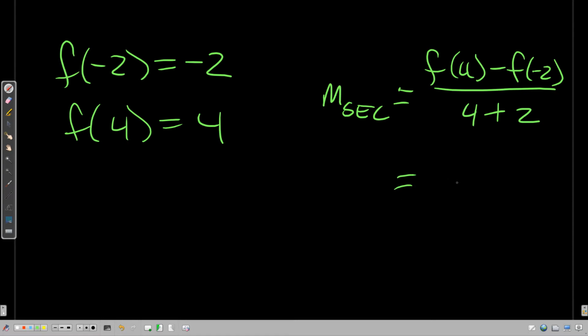Now, it should just be the same numbers on top and bottom. We should just get a 1, but f of 4 is 4, and then minus f of -2, well, that is a -2, and then sure enough, you can see that the slope is 1.